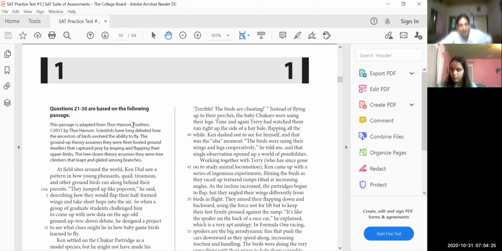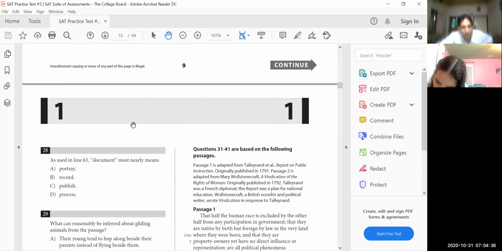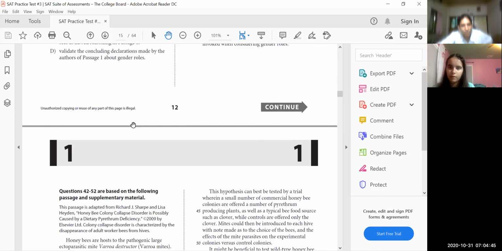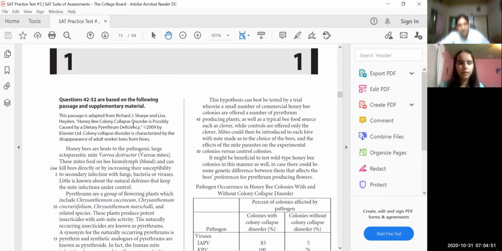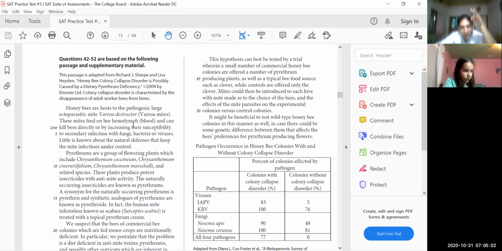This is the same one, the ground up and tree down. So you'll do 21 to 30 from test 3, and 42 to 52 from test 3. That's my favorite. So basically there are three passages, one from test 1, two from test 3.